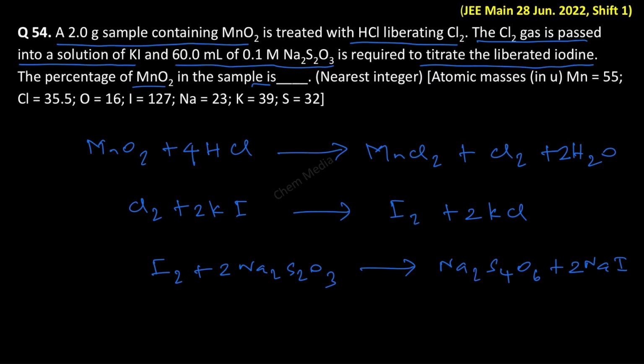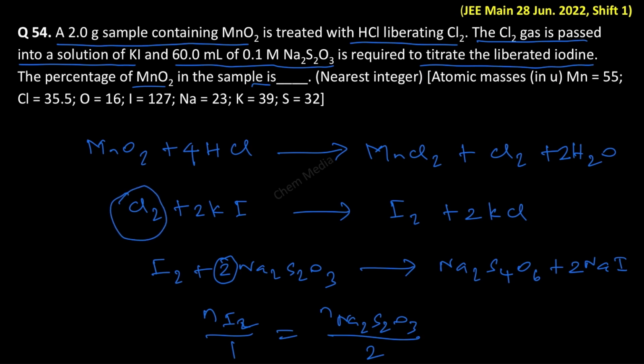Here the stoichiometric mole ratio is number of moles of I2 divided by 1 is equal to number of moles of sodium thiosulfate divided by 2, because we have the stoichiometric coefficient 2 here. So this means number of moles of I2 is equal to the number of moles of Cl2, and number of moles of Cl2 is equal to the number of moles of manganese dioxide.